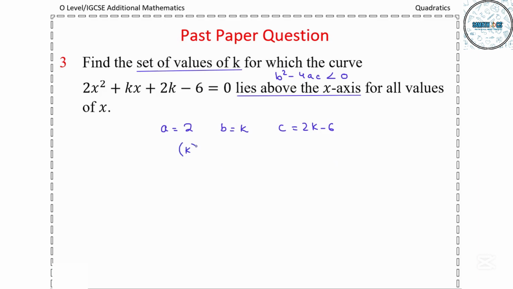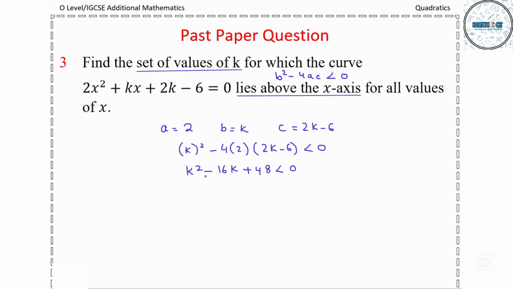k squared minus 4 into a into c, which is 2k minus 6, is less than 0. We have k squared minus 4 into 2 into 2k will be 16k, minus 16k, minus 4 multiplied by 2 multiplied by minus 6 is plus 48, is less than 0.